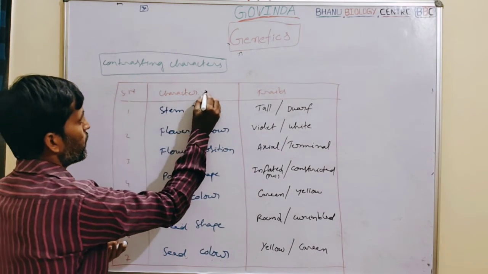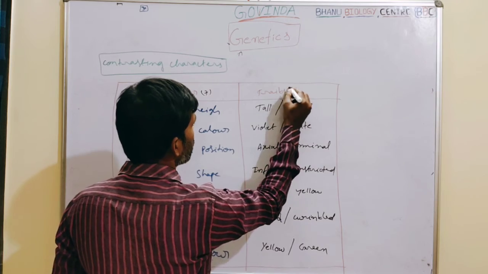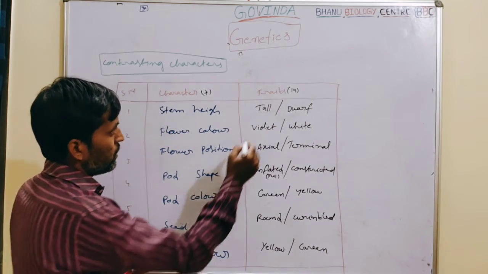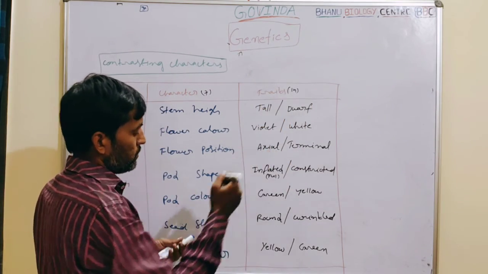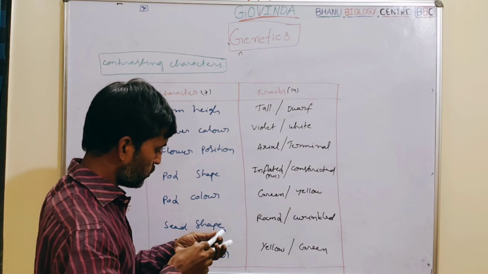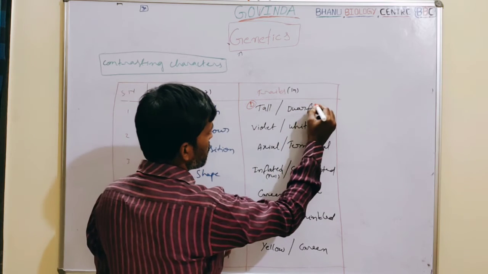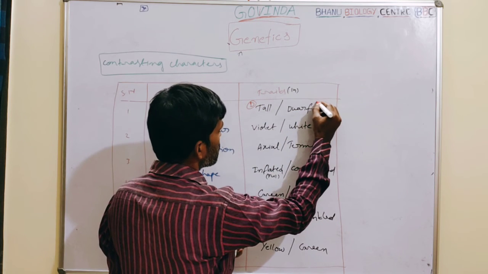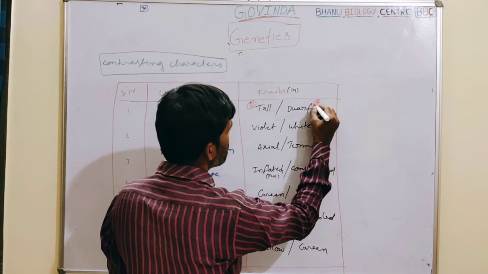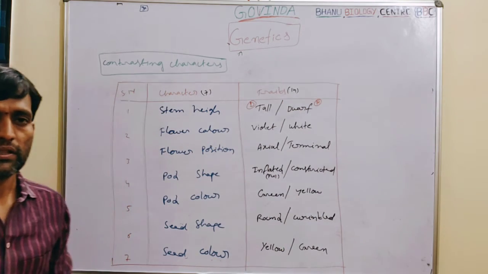So characters are 7, traits are 14, right? The first list represents the dominant traits. All of them are dominant.